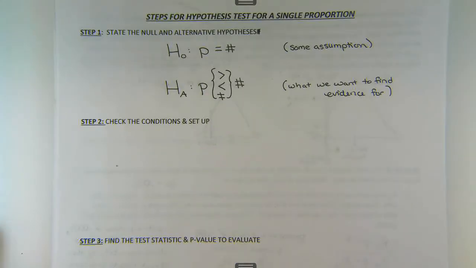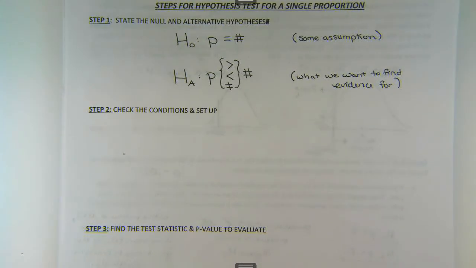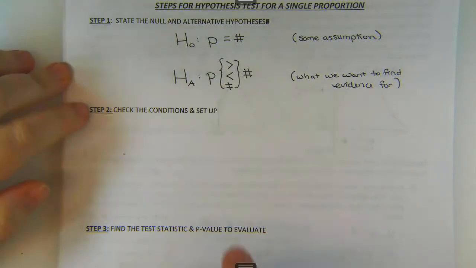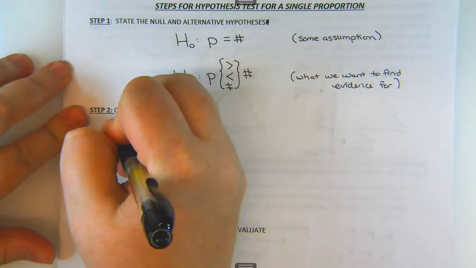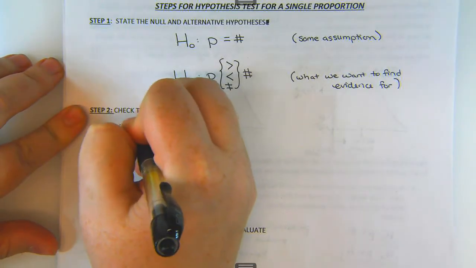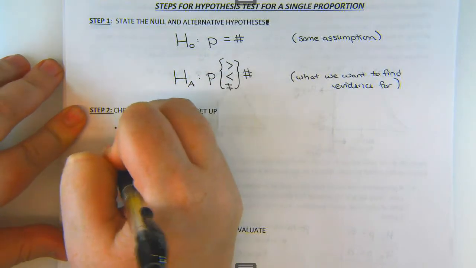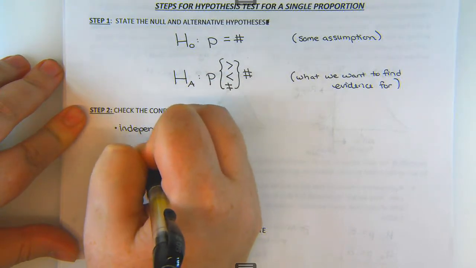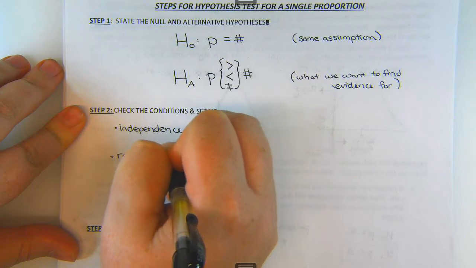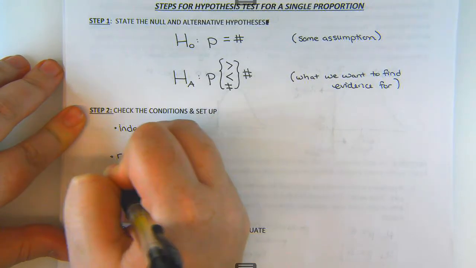In our second step, we're going to go through checking conditions, and also something I like to do is draw a quick little setup of our hypothesis test. So checking our conditions, you want to check independence, you want to check randomization, and you want to check sample size.